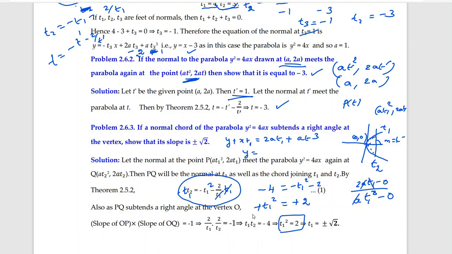Rewriting this as y is equal to mx plus c, we are not bothered about the constant. So the slope of the normal is minus t1, and the value for t1 here is plus or minus root 2. So the slope is minus or plus root 2, or simply write plus or minus root 2.